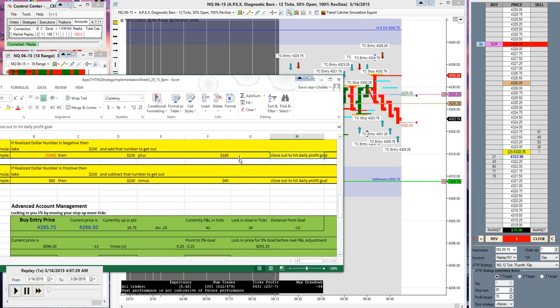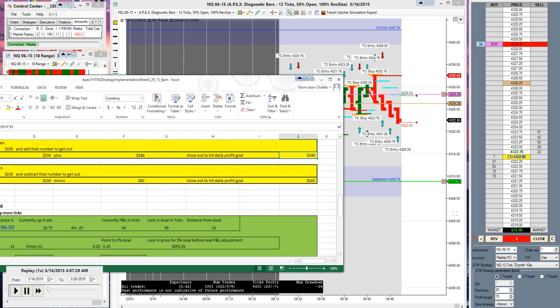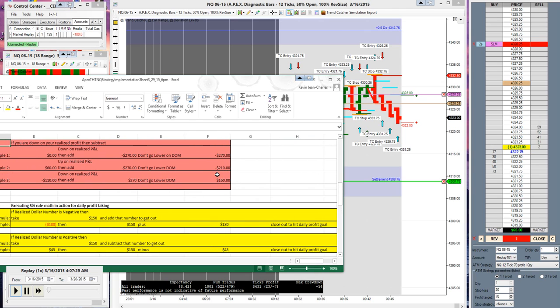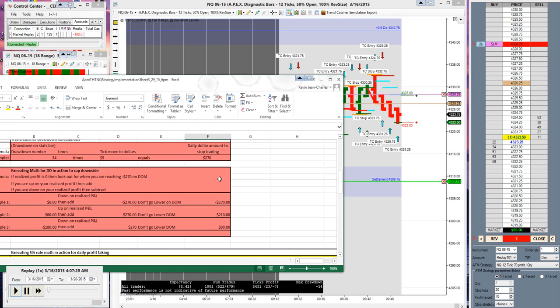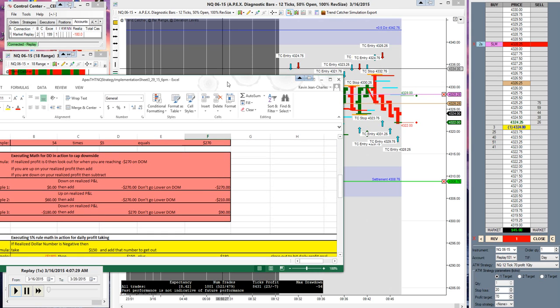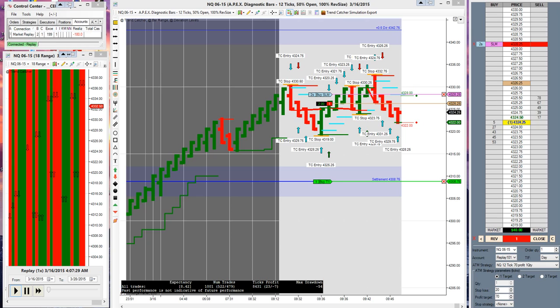Now I know my goal is 330 now to get out for the day. Drawdown wise, negative 180, I know that I'm $90 away from being done for the day in a negative way. All right.